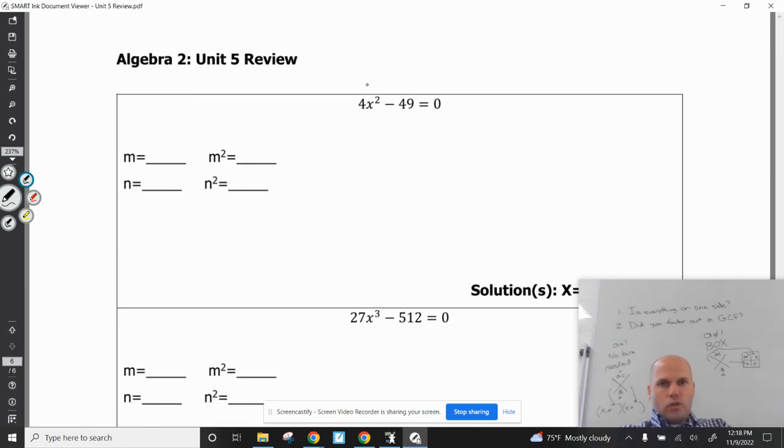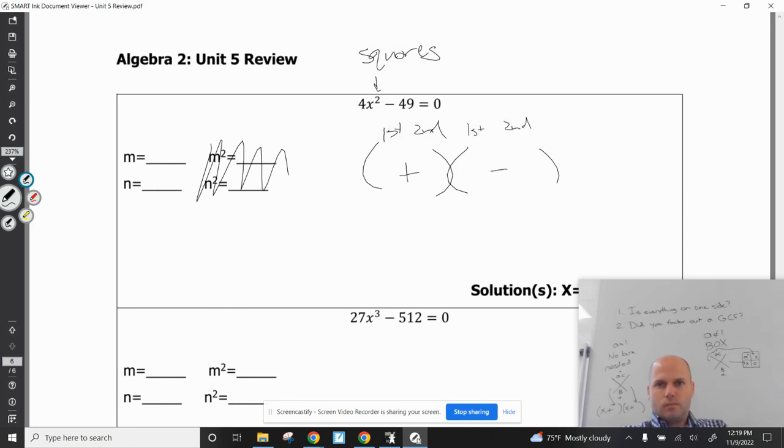What are these? Squares. First, second. Ignore that. First, second. Smaller ones with a plus and a minus. You always know it's going to be a plus and a minus. You just got to figure out 2x times 2x is 4x squared. There's my first. 7 times 7 is 49.